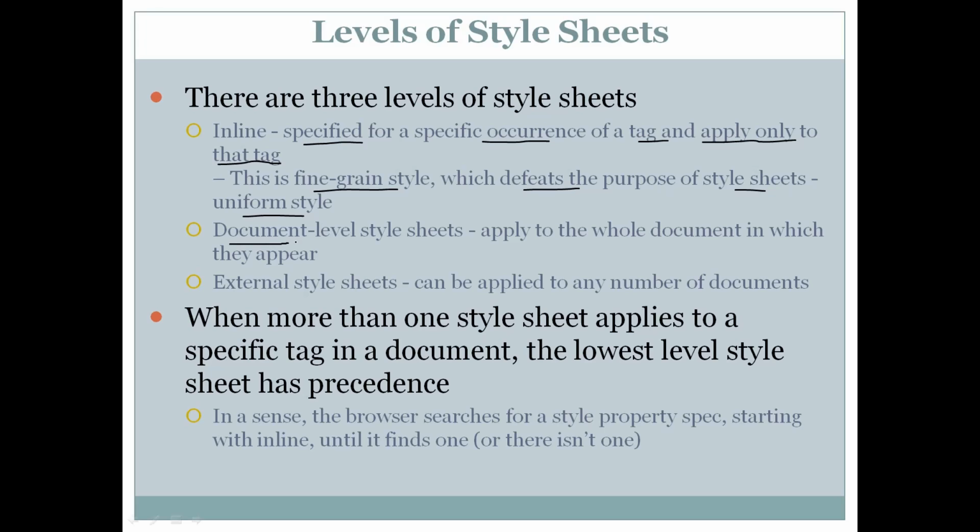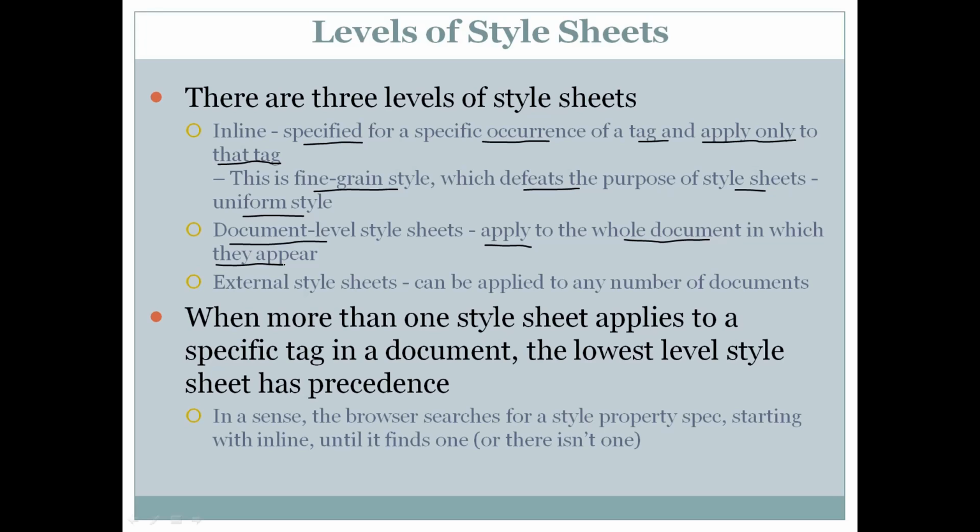Then we have the next level, the document level style sheet. This is applied to the whole document in which it appears. Document level style sheets are applied to the complete XHTML or HTML document where you declare the CSS code. Then we have the external style sheet, which can be applied to any number of documents.